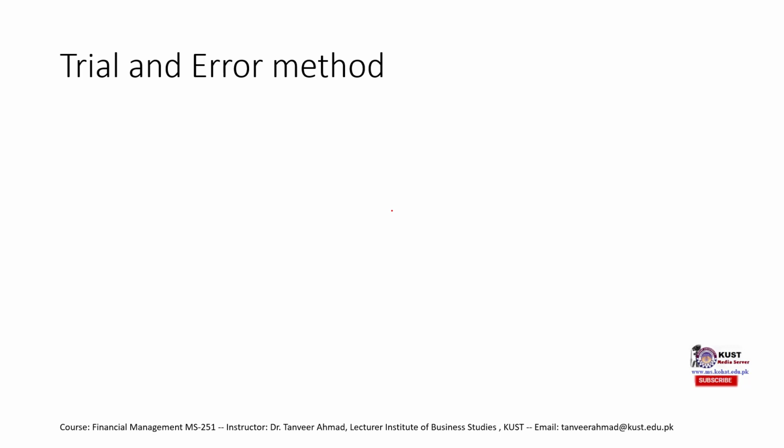If NPV turns out to be positive, then we increase the value of R. If NPV is negative, we decrease the value of R. So by doing different trials, we find the value of R where NPV turns out to be 0, and that is our IRR. That's why we call it the trial and error method, because we try different values of R to find the 0 NPV.